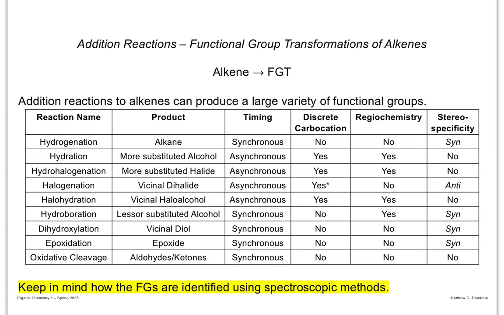So here's the buffet. This is what we've got to get through in the next 15 plus 9, 24 plus 75, about 99 minutes remaining in the lectures here in the semester. The overall concept is you're taking an alkene and you're doing a functional group transformation.